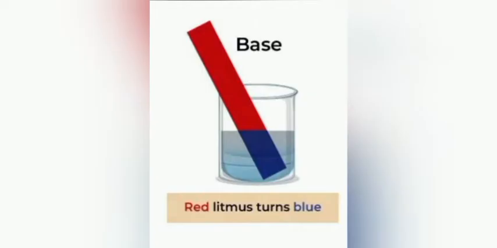When you have a moist litmus paper, that is a litmus paper that you have moistened with water, when you now dip it inside your base, it will turn the red litmus paper to blue color. So that's one of the properties of bases.